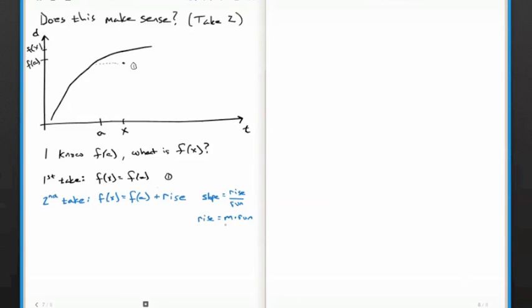And so that really means that f of x equals f of a plus m times run, which really equals f of a plus m is my slope, which is f prime of a, and my run, how far am I going this way, is really x minus a.